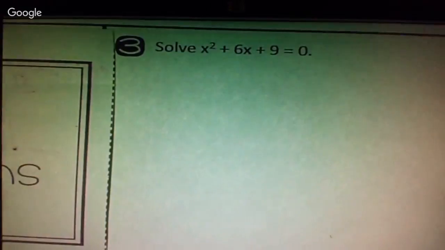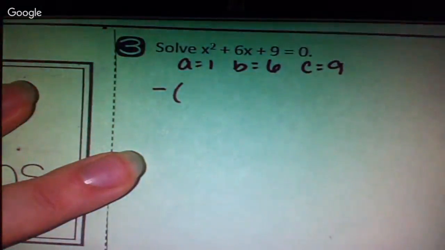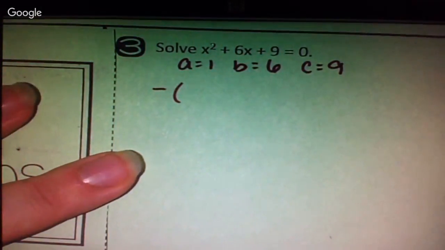Number 3. So, is it equal to 0? Yes. What's A? 1. What's B? 6. What's C? 9. Fantastic. So, I've got negative. Over on the board if you need to know what letters go. 6.